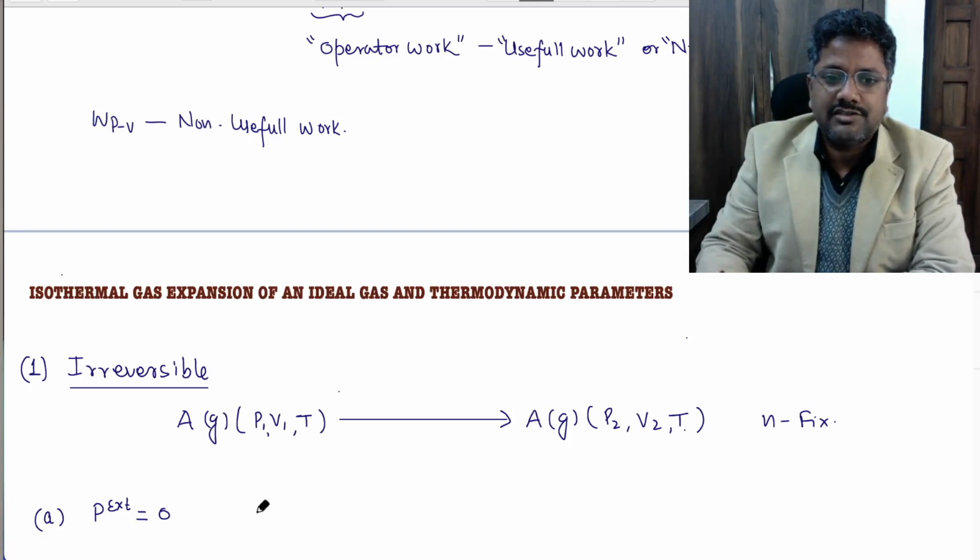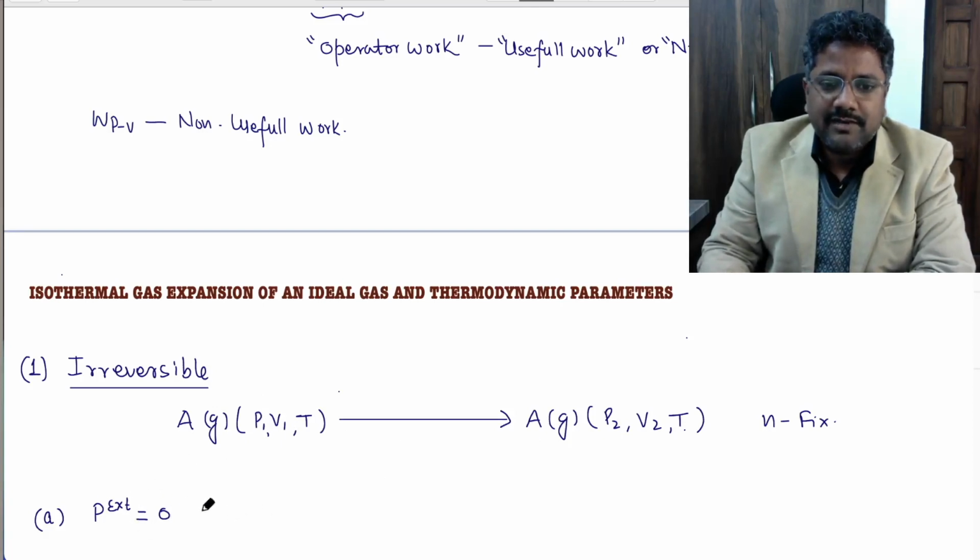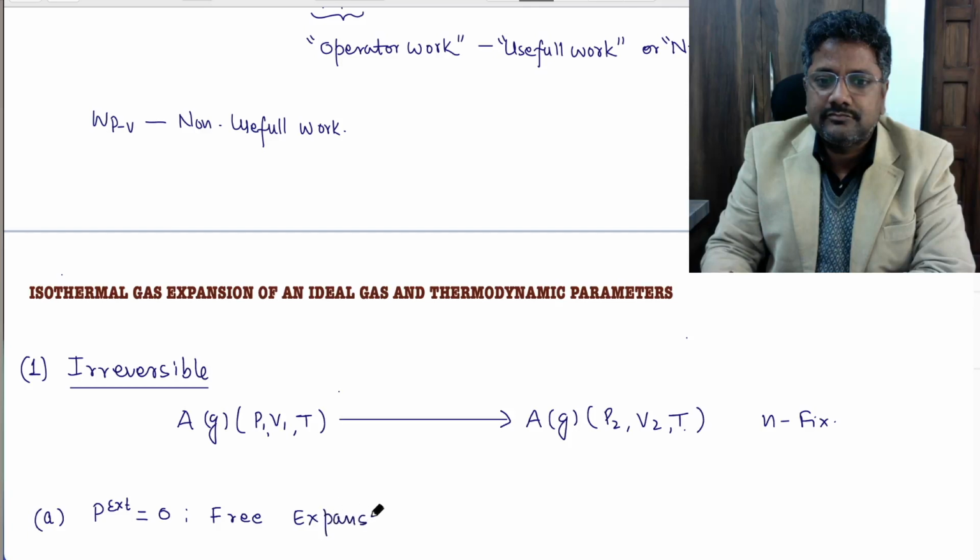If P external is 0, this type of expansion is called free expansion, or expansion against vacuum.